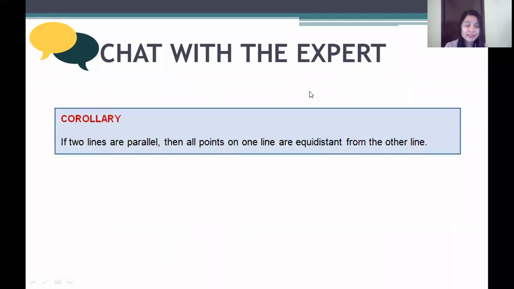Now let's have the corollary. A corollary is a sub-statement of a theorem. What's the corollary? If two lines are parallel, then all points on one line are equidistant from the other line. Example, this is AB and this is CD.